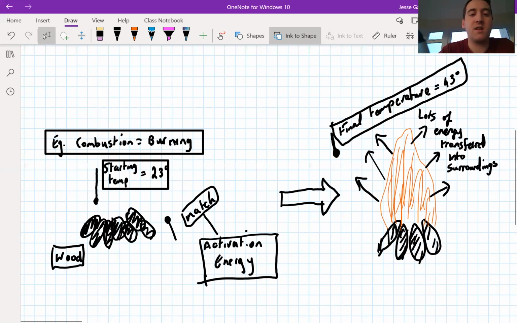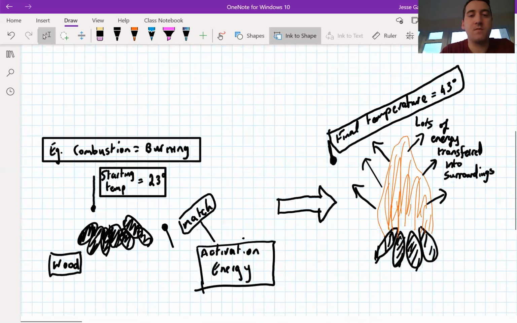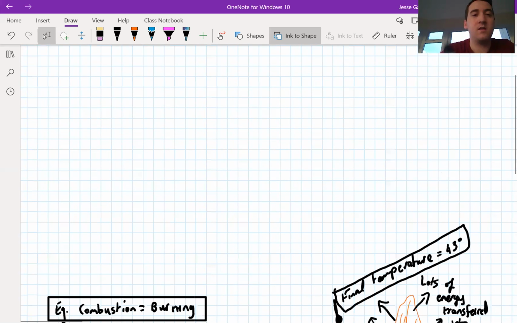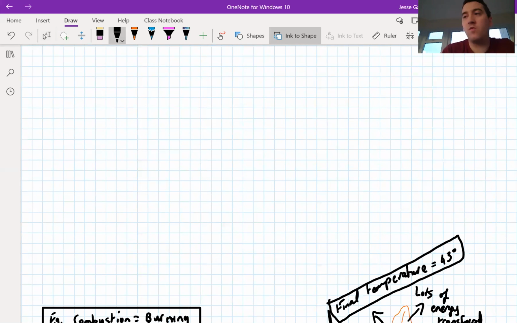We have a specific name for this type of reaction, or process.